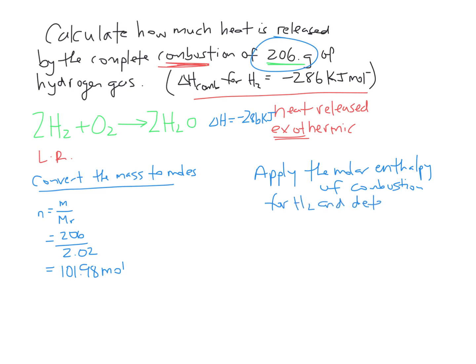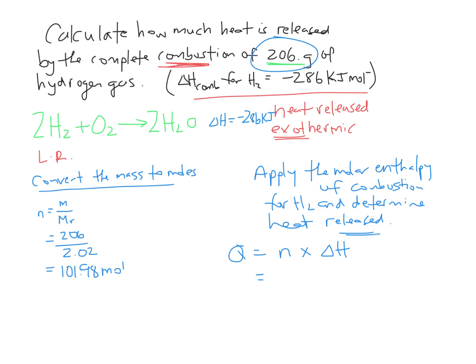Because we aren't necessarily burning 1 mole, right? We're burning much more than that. So in this case, the heat is going to be equal to the number of moles that we burned times the delta H for this process. We know it's heat released, so we can go ahead and leave the positive or negative off of it. It's just going to be a quantity of energy in kilojoules, and we know it's released.